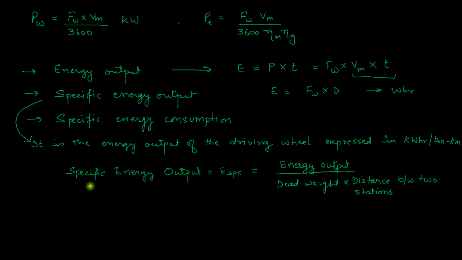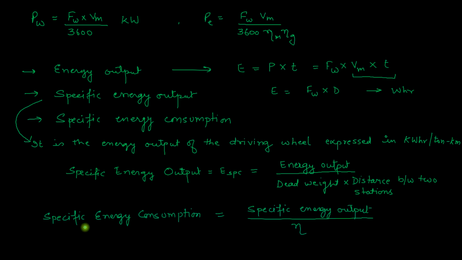After having the knowledge of specific energy output, we can very easily calculate the specific energy consumption. The specific energy consumption of an electric locomotive will be equal to the specific energy output divided by the efficiency.